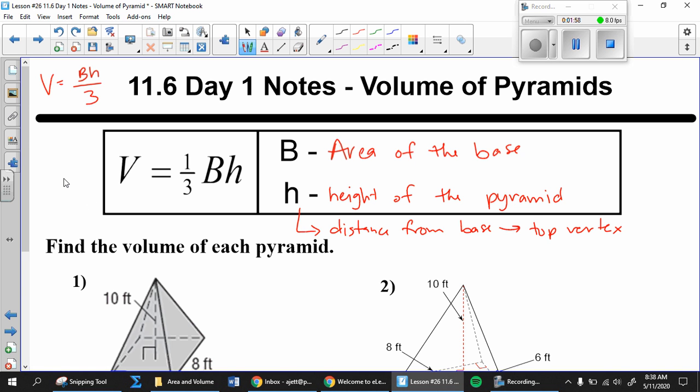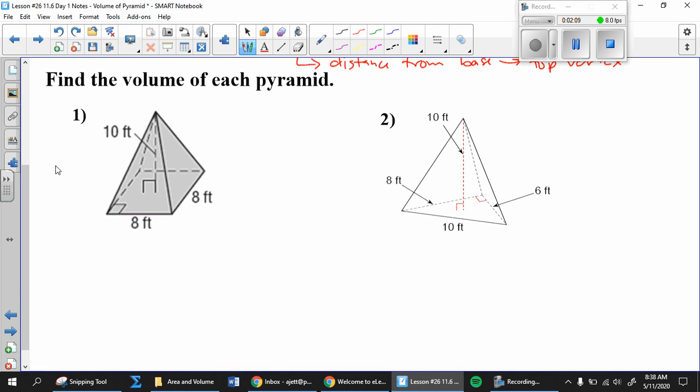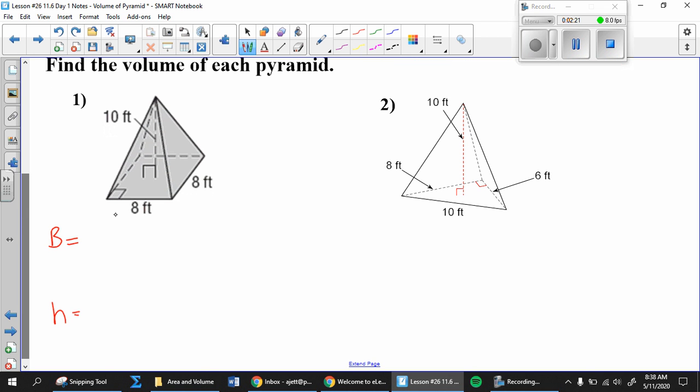Make sure you don't forget to multiply by the 1/3. That's probably the easiest mistake to make on this because we're used to just doing area of the base times height. So make sure you're multiplying by that 1/3. All right, so if we're looking at this volume of the pyramid, just like I did with prisms, we're going to list out area of the base and height because those are the two things that we need. Here's my base down here.